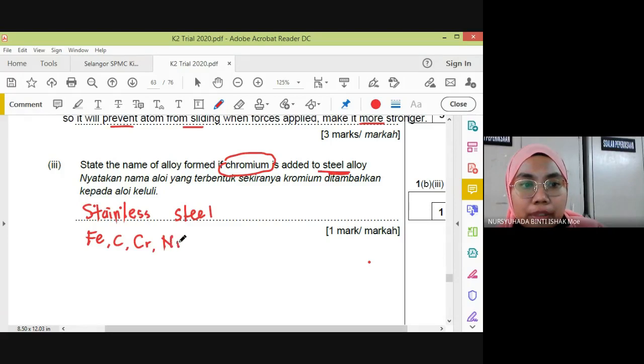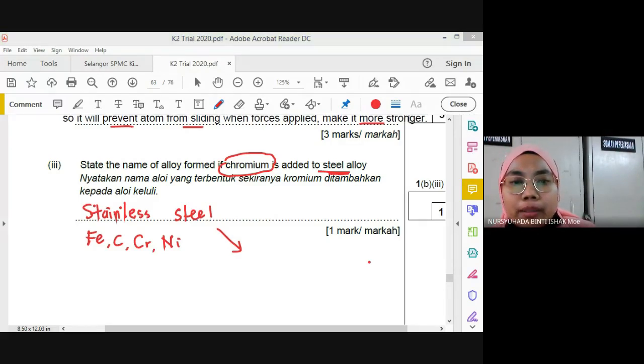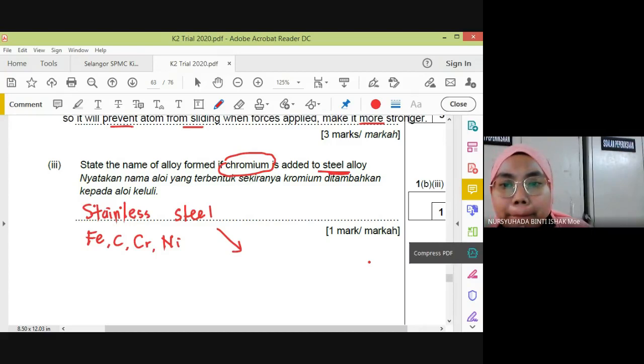Okay, we have nickel. What are the uses of stainless steel? Apa kegunaan stainless steel dekat our daily life? We use stainless steel untuk buat apa? To make what?